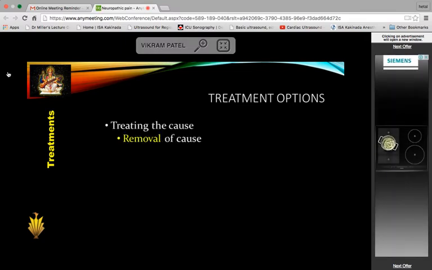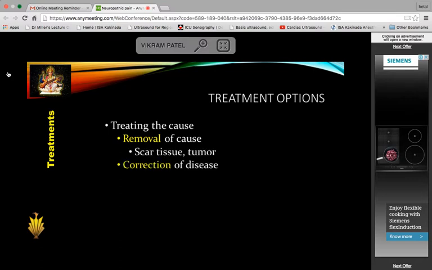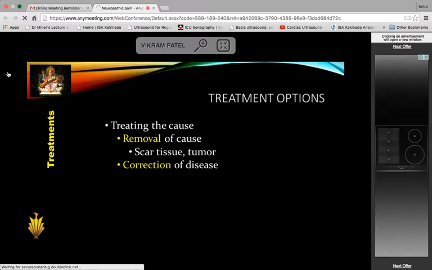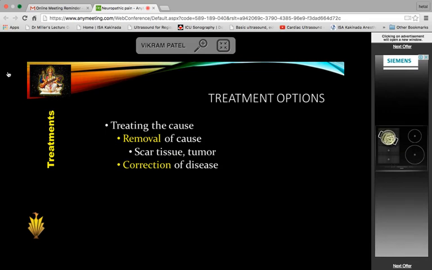So when we start treating the cause, we remove the cause. For example, if the tumor is there, you can try to remove the tumor. If the scar tissue is there, you can try to remove the scar tissue, but not really the nerve itself. We can loosen up the scar tissue sometimes. For example, when the patients have radicular pain from post-laminectomy syndrome, that pain is not too much different than neuropathic pain.